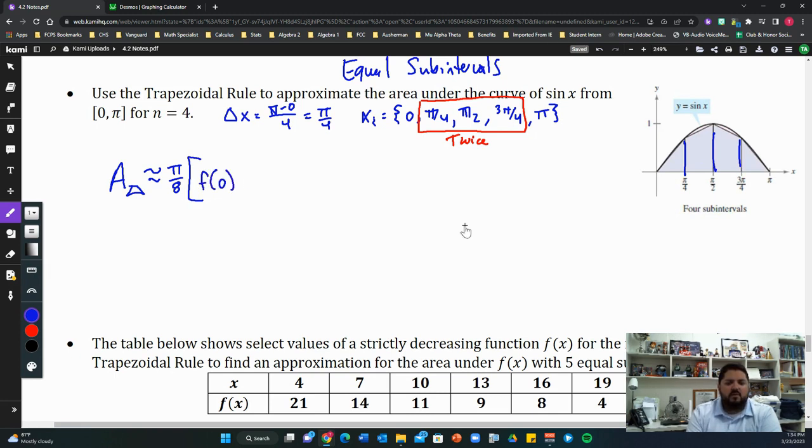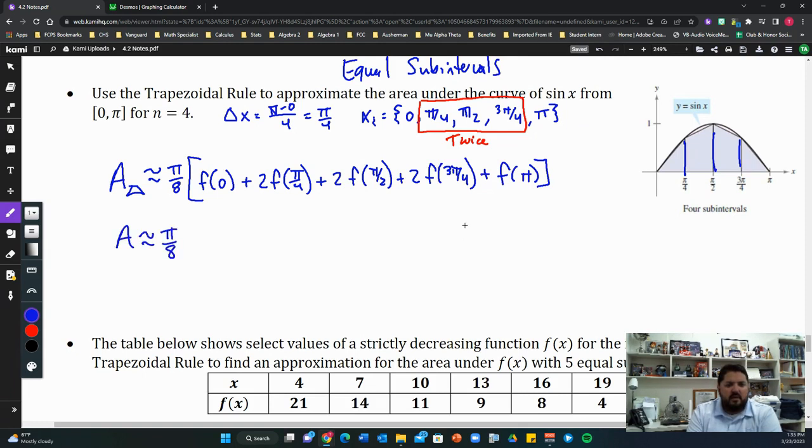So f of 0 goes first. It's only used once. All the middle guys have to get doubled. So 2 times f of pi over 4, because it's used twice, 2 times f of pi over 2, 2 times f of 3 pi over 4. But then the last guy only gets used once. So there's my setup. Now it's just a matter of going through and evaluating all of these.